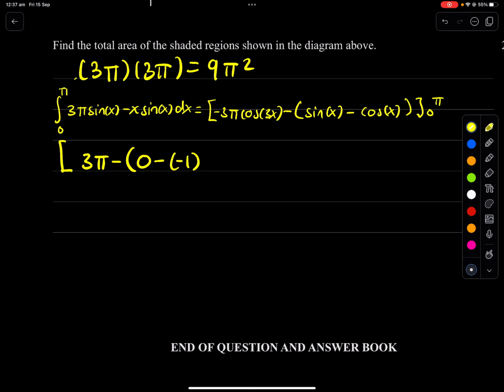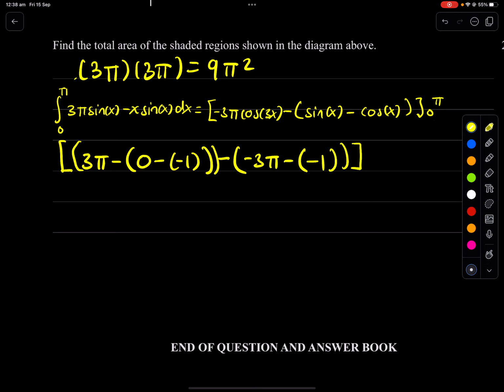So yeah, cos pi is negative 1. Done. Now we put a minus over all this. Minus, if we say what's cos 0, cos 0 is 1, so it'll be negative 3 pi. Minus, sine 0 is just 0. What's negative cos 0? Cos 0 is 1, so negative 1.